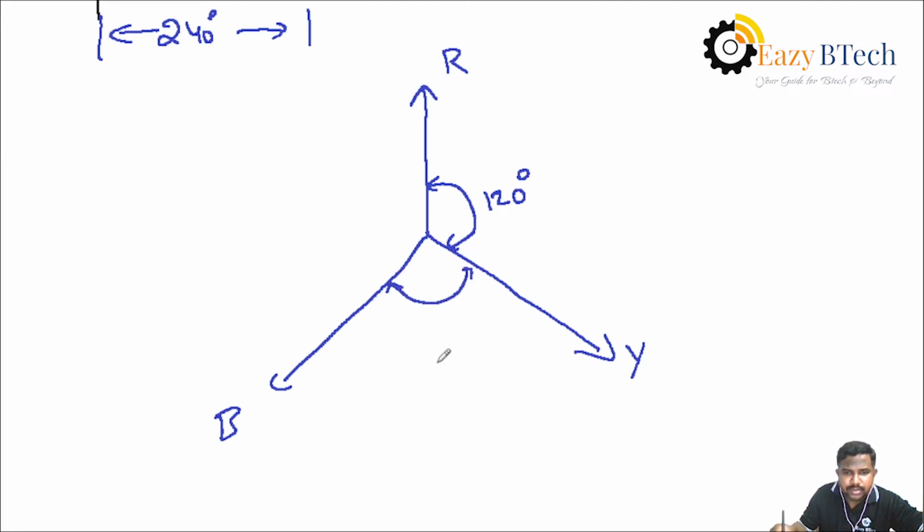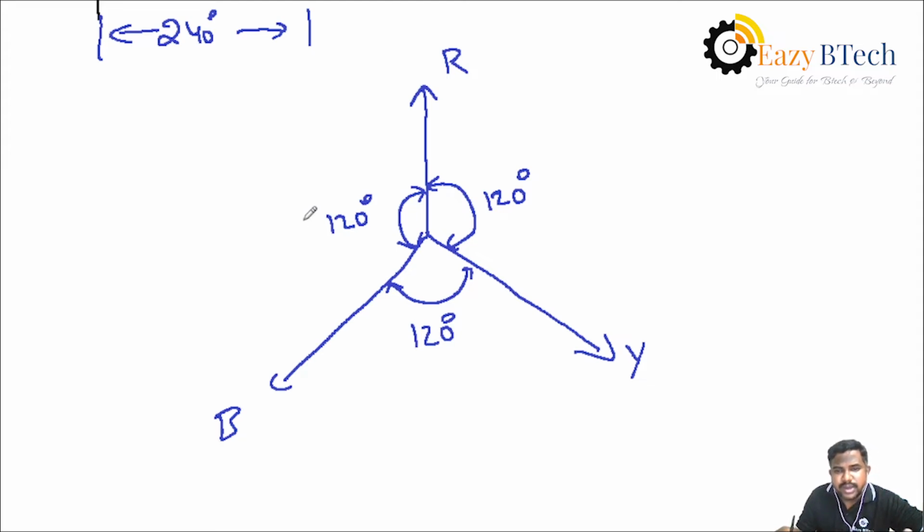Between Y and B, the phase angle difference is 120 degrees. Between B and R, the phase angle difference is 120 degrees. So any two phases are displaced by 120 degrees in a three-phase system. It's a very important point.